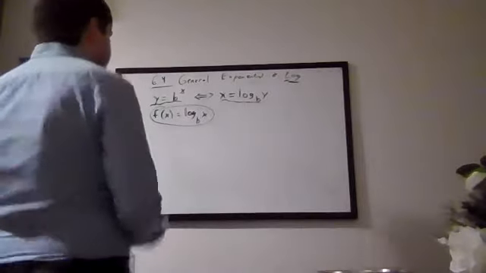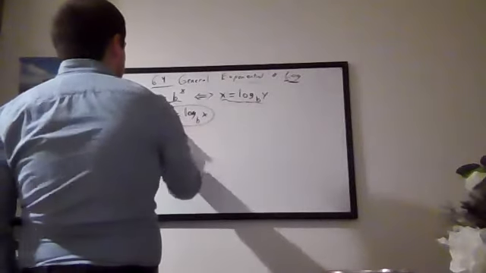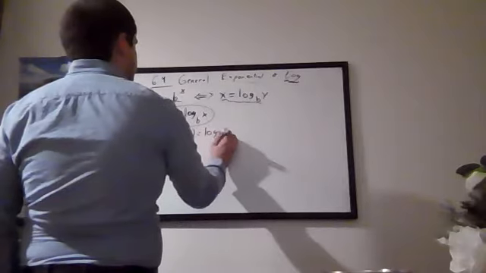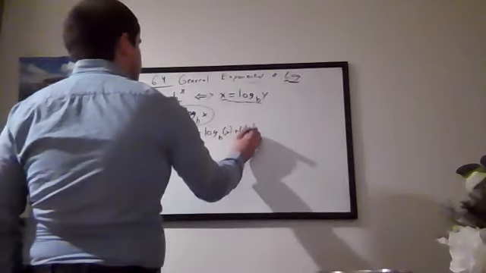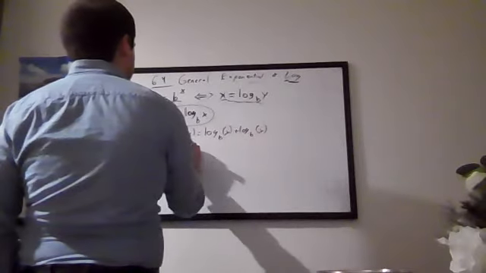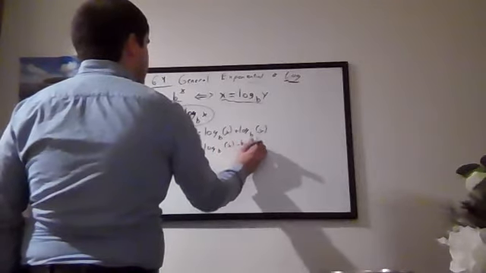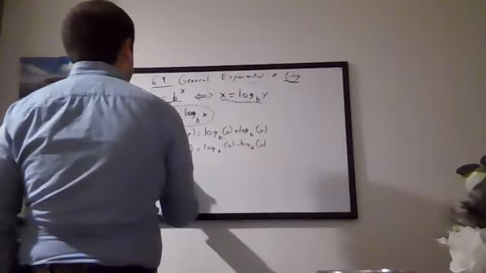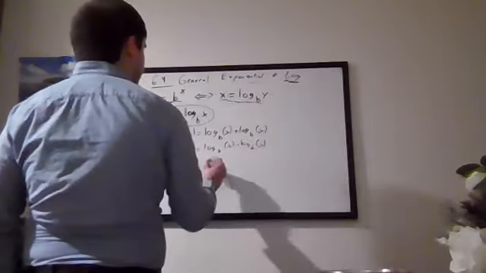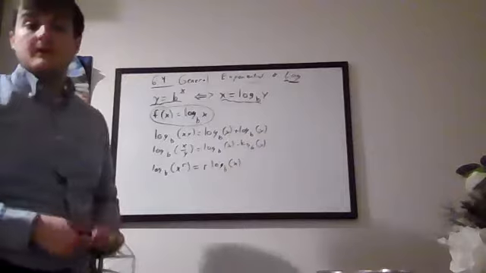So we're going to have log base b of xy equals log base b of x plus log base b of y, and then log base b of x over y equals log base b of x minus log base b of y. And finally, if I have log base b of x to the r power, then we're going to have r times log base b of x, just like that.